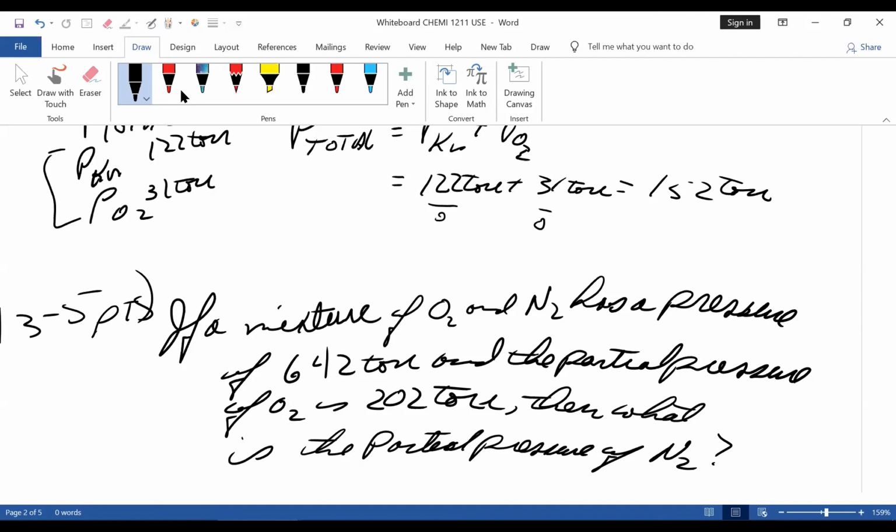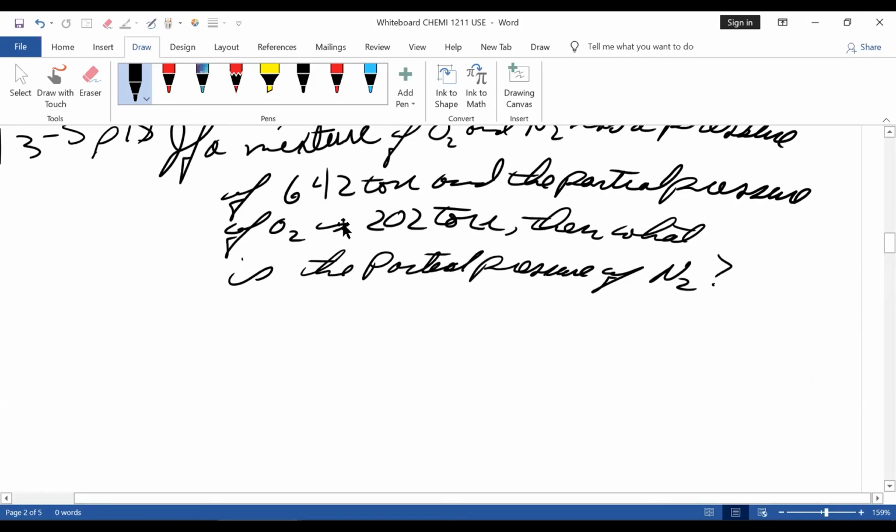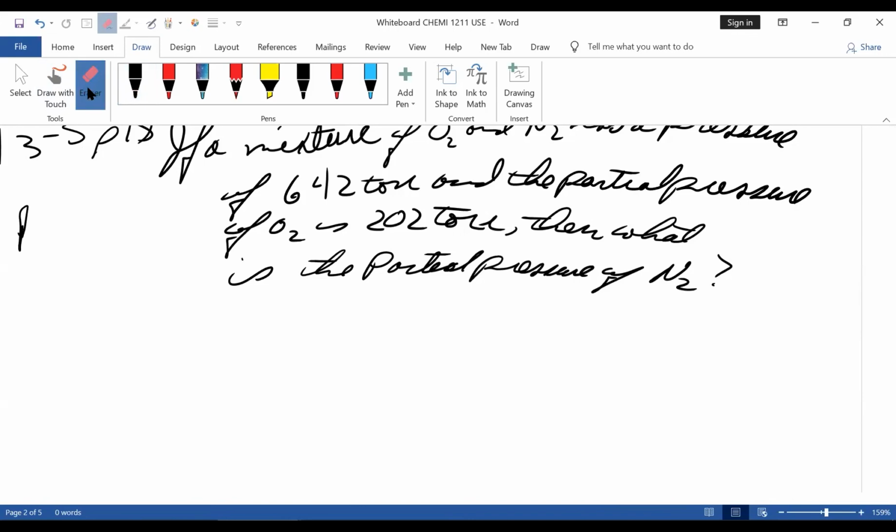All right, let me decode this. If a mixture of oxygen and nitrogen has a pressure of 642 torr and the partial pressure of oxygen is 202 torr, then what is the partial pressure of nitrogen? A couple things, this will be on the test. Hold on. Let's try this again.